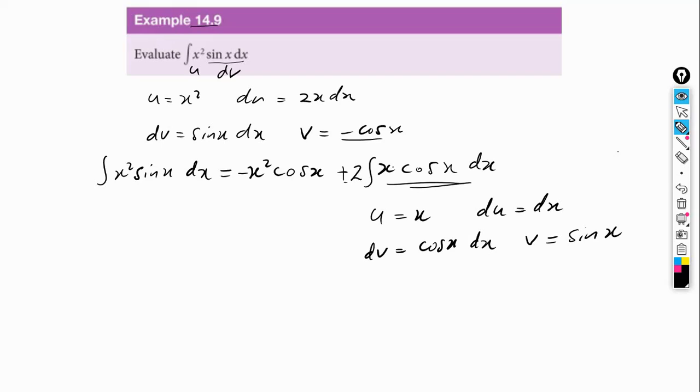So let's solve this, what we have here to the right, and applying the integration by parts. We have u times v, which is going to be x times sine of x minus the integral of v, sine of x, times du, which is dx.